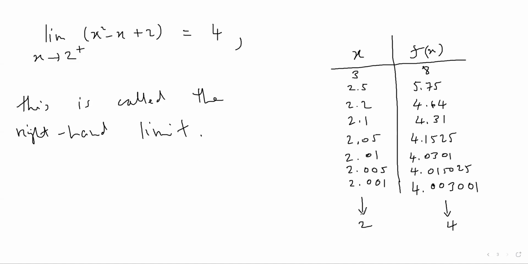And now if the left-hand limit and the right-hand limit exist, like in this case, and are equal to the same thing, then we say that the overall limit is equal to the same thing. What I mean is this. Let's go to the next page.